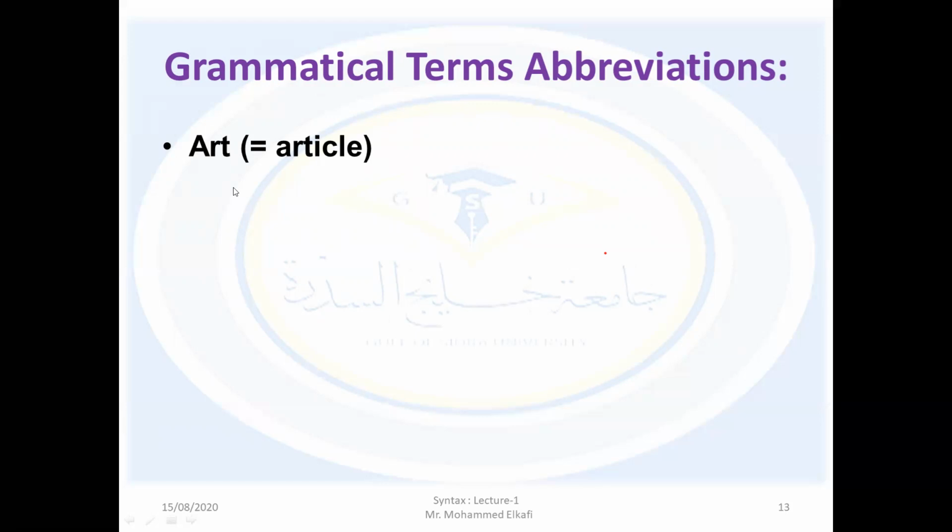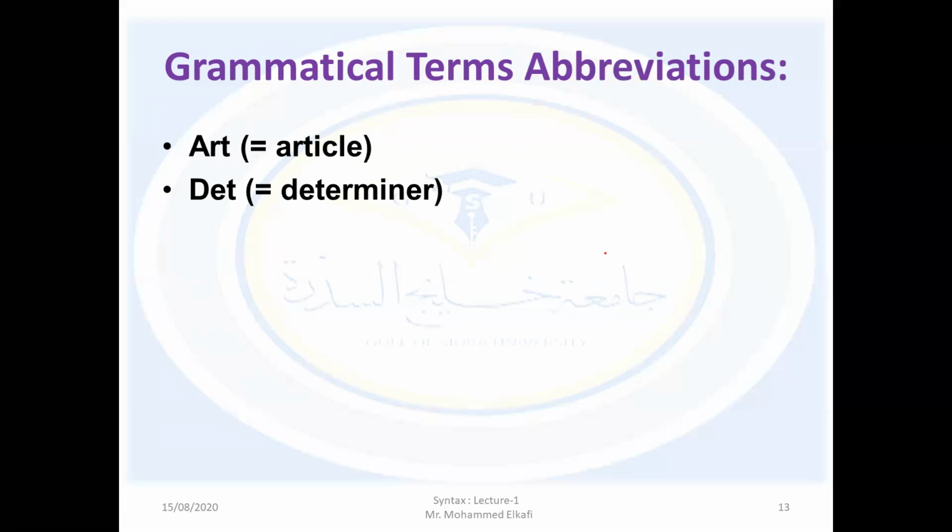So first we'll find what? ART or art for article, okay? And DET for determiner. And here, just to remind you, articles include definite and indefinite articles: a as indefinite and the as definite article.